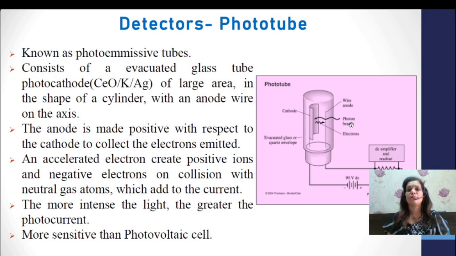When a photon strikes this cathode surface, it ejects an electron. Ejected electrons are collected at the anode, and the signal is transmitted, and hence you will get a reading where photons, that is light energy, have been converted into electrical energy. The more intense the light, the greater the photocurrent. This is sensitive compared to photovoltaic cell.